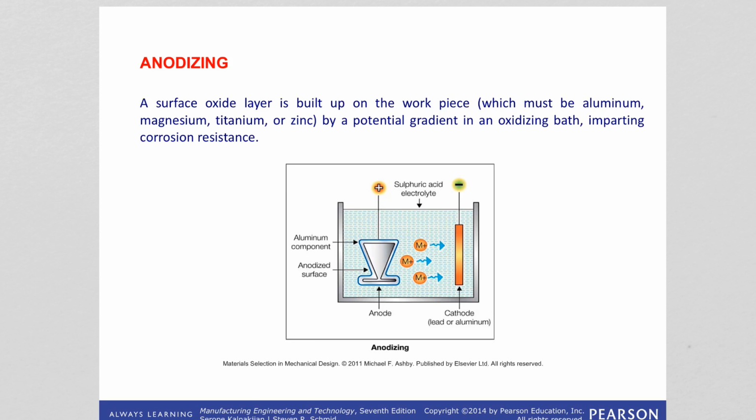And in this case, it is simple. We have an anode and a cathode, and basically this is an electrochemical process, but the reverse of electroplating.